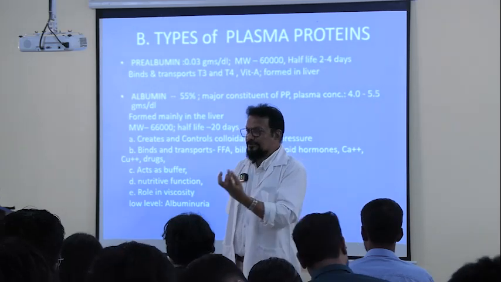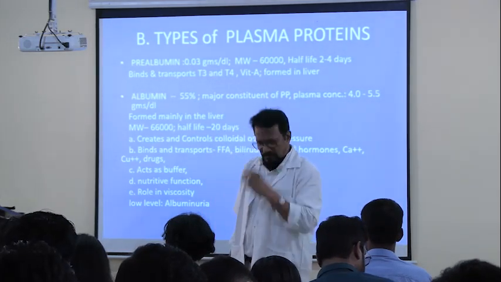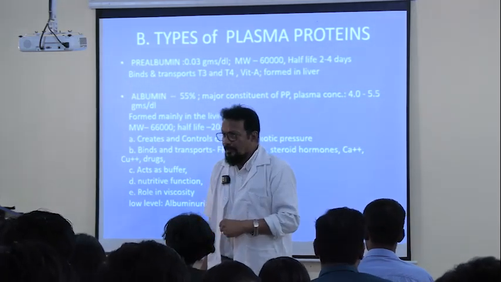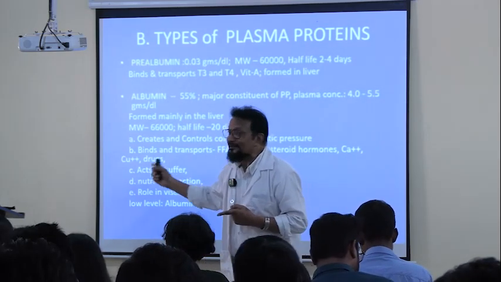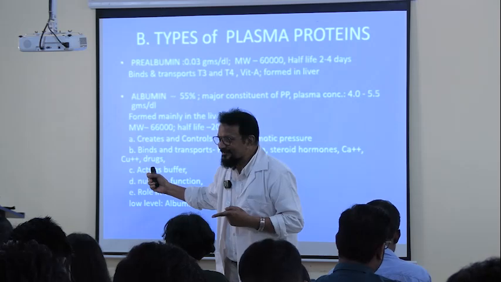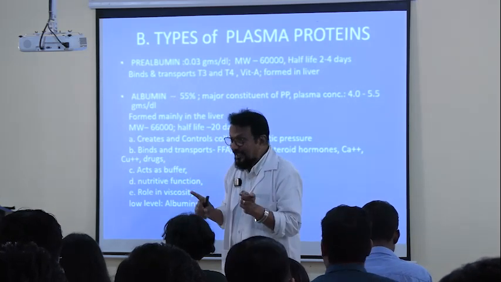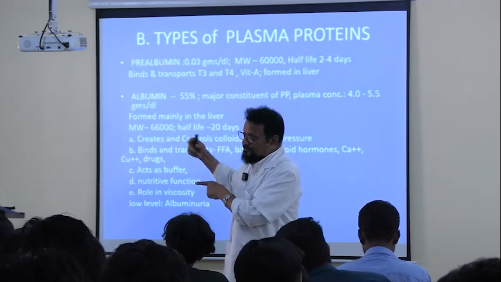Suppose this is 6 gram, and this 6 gram will become 3 gram in 20 days. So 20 days is the half-life. The later half will be destroyed later on.